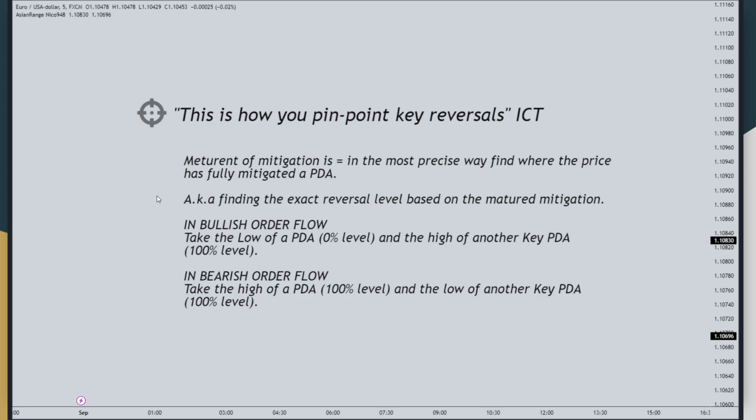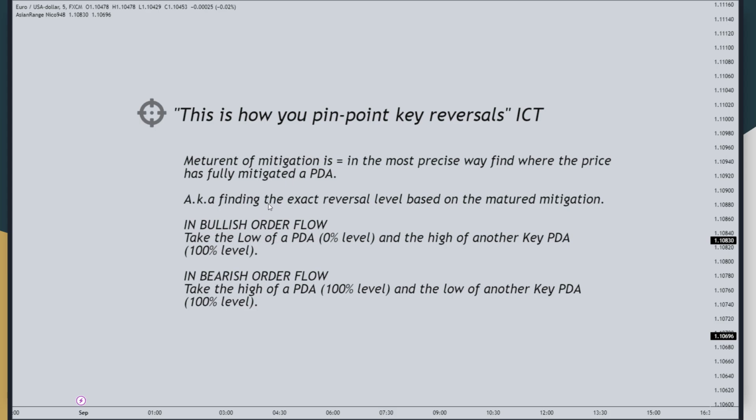So how you do it is, in bullish order flow, you're going to take the 0% level in a premium. Both of these are key PD arrays, both in premium. You will take the 0% of the higher PD array, and you'll take the 100% of the lowest PD array.